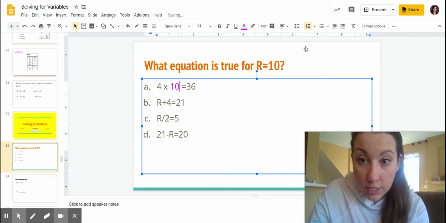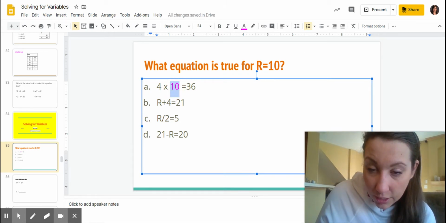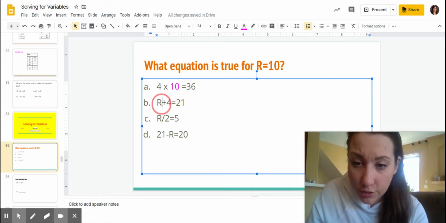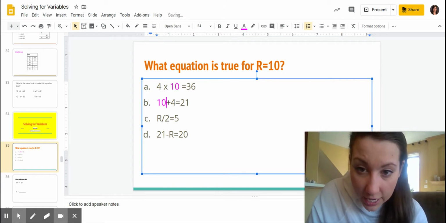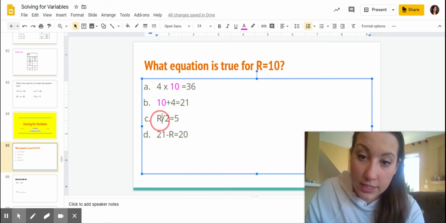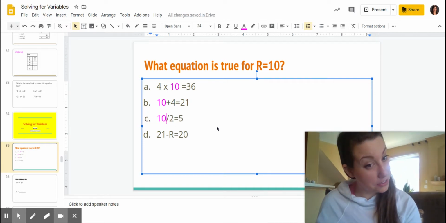4 times 10 equals 36. No way. A is not true. So I'm going to substitute in 10. 10 plus 4 equals 21. Also not true. 10 divided by 2 equals 5. Yes.